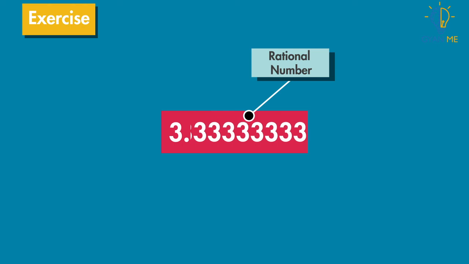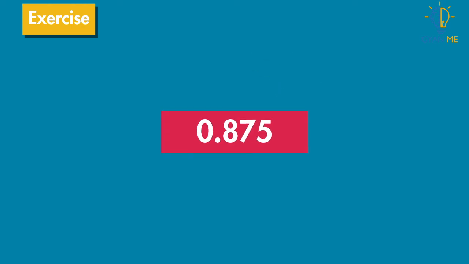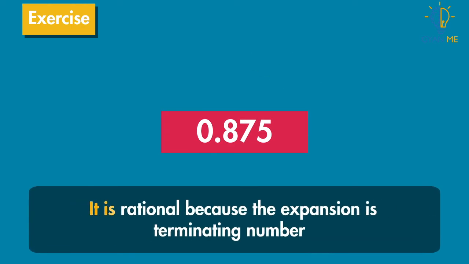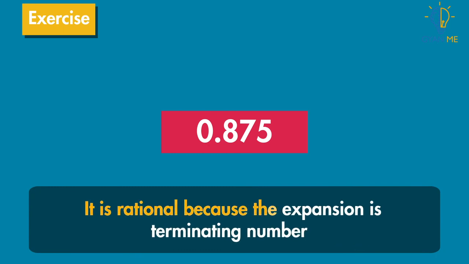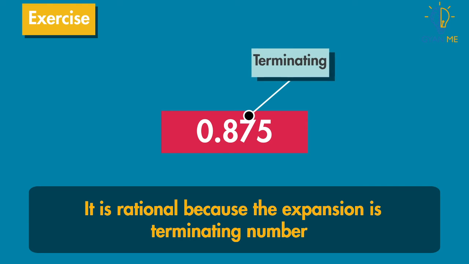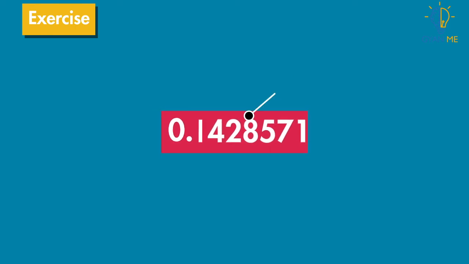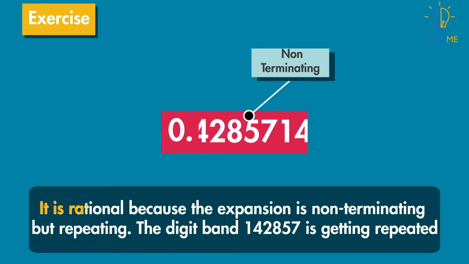In our second example, 0.875, the number will be rational number because the expansion is terminating. That is, it comes to an end after 5. In third example, we can see the decimal expansion is non-terminating. That is, it will never end.